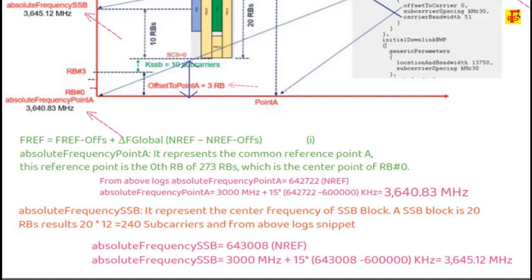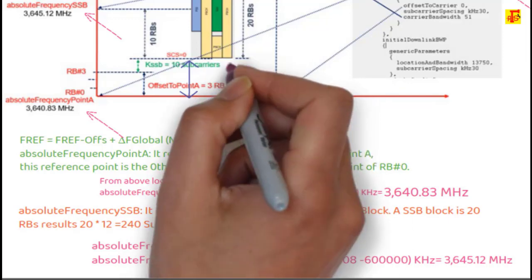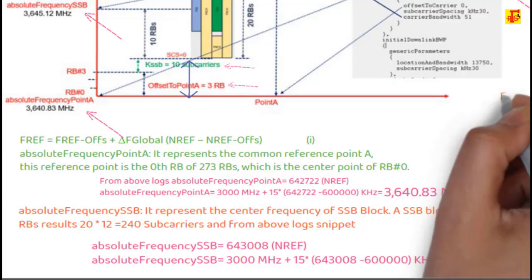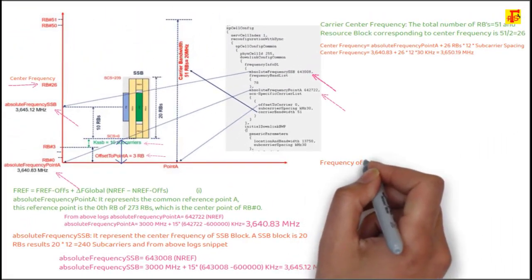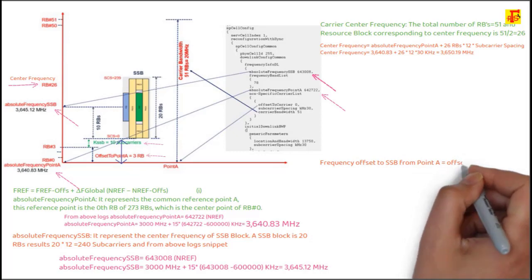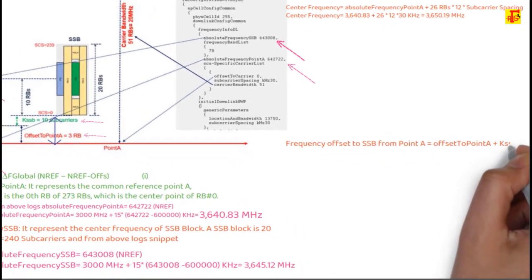So the unit of RB is expressed as 15 kHz for FR1 and 60 kHz for FR2. So next one is Kssb. It defines the frequency of RB0 of Ssb, and the unit is expressed as 15 kHz for FR1 and 60 kHz for FR2. So frequency offset to Ssb from point A equal to offset to point A plus Kssb.